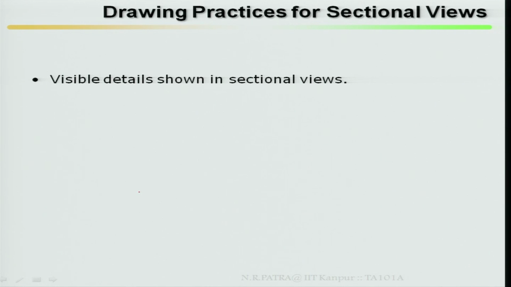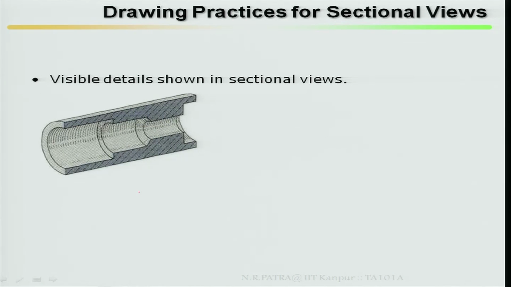Same thing, visible details shown in sectional view. If you are cutting it, looking at this, what are the things inside, they are visible. Curved surface visible, here it is visible, this part is visible, this part is visible.